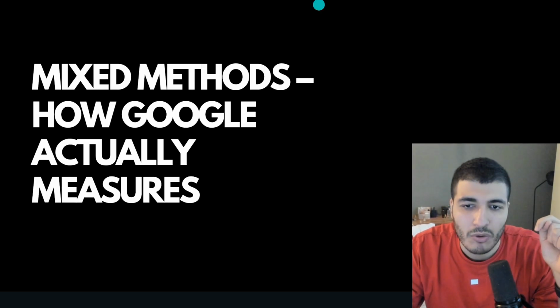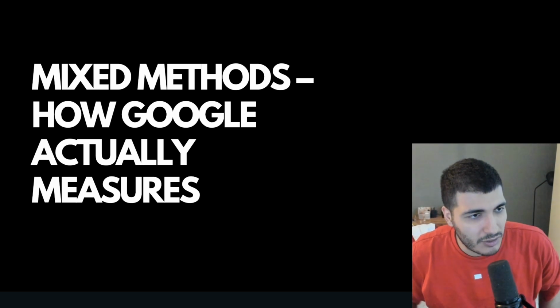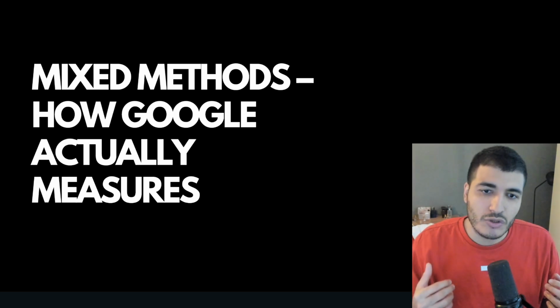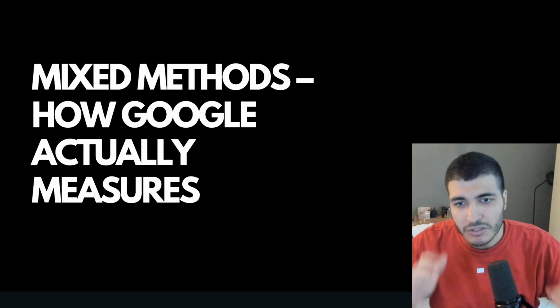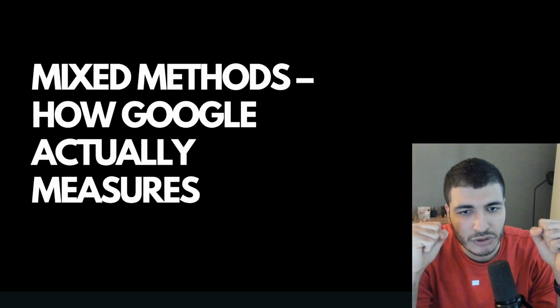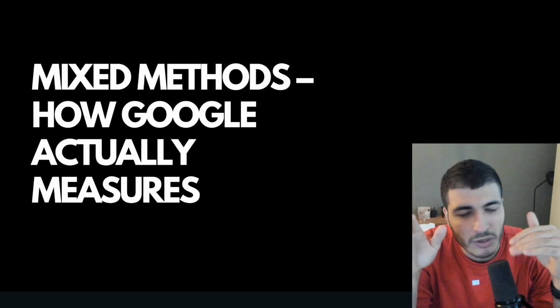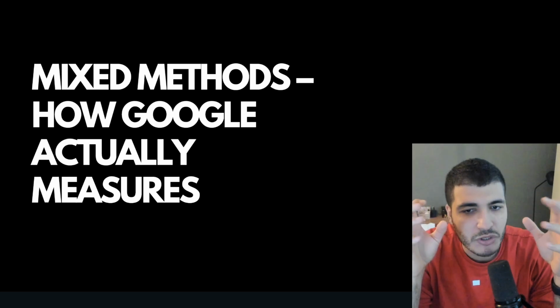Okay, next, we will talk about the mixed method and how Google actually measures the performance and productivity of developers. So, how does Google collect this data? It's not just logs and dashboards. They use a mixed method approach that combines both quantitative and qualitative research. For example, they measure speed using logs.